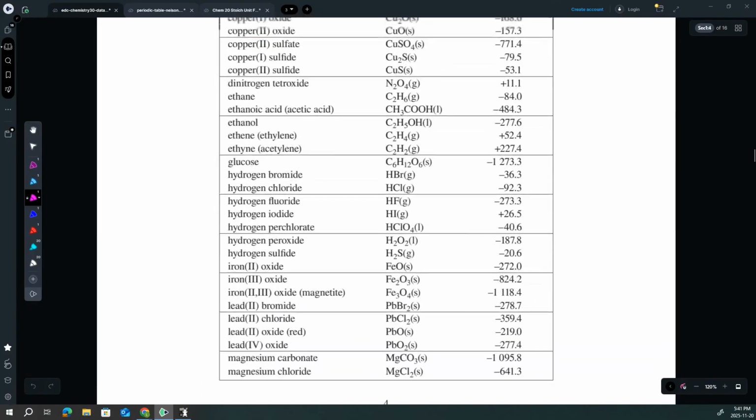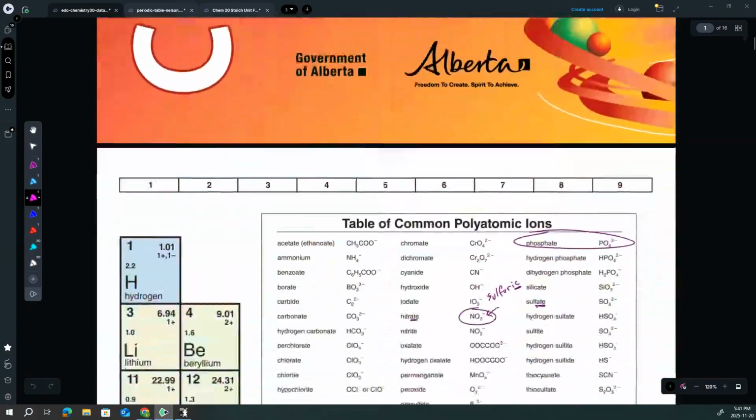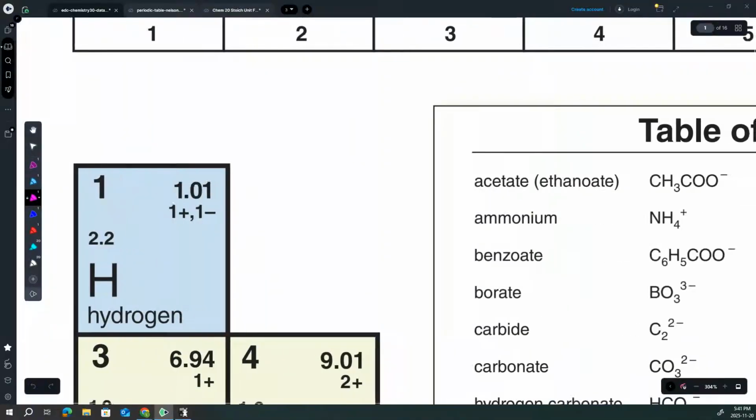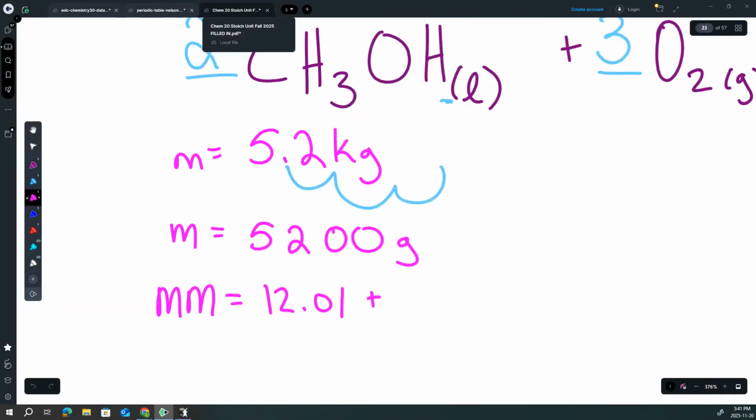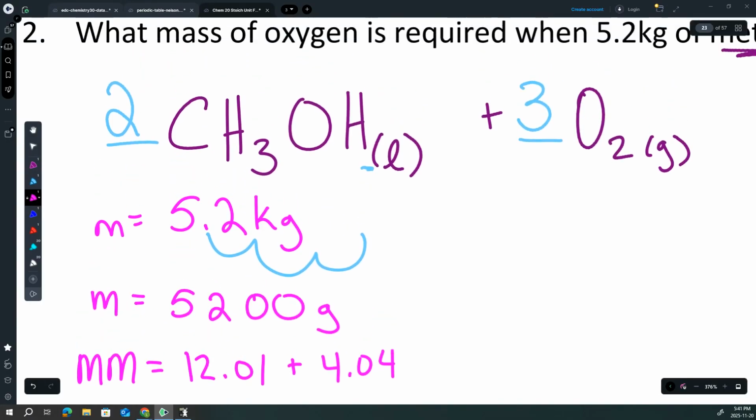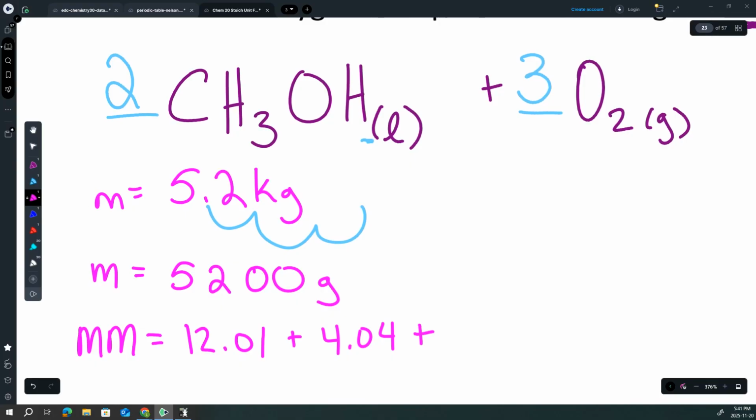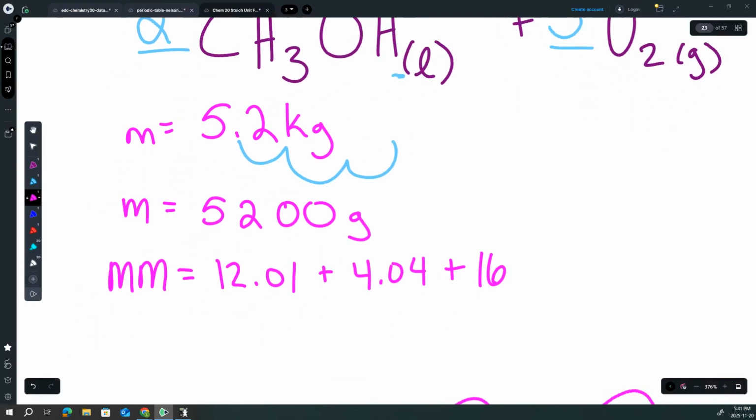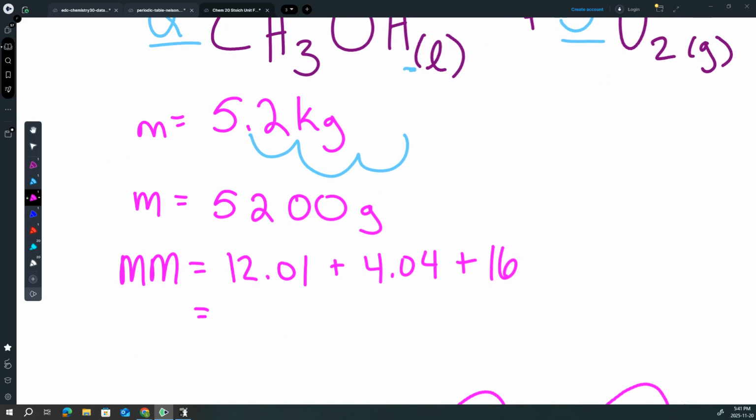Since hydrogen has a molar mass of 1.01, and there's 4 of them, 4 times 1.01 is just 4.04. 4 hydrogens because there's 3 here and then there's 1 more right here. And then oxygen, there's just 1 of them, and oxygen has a molar mass of 16. So if we added all of that up, we're going to get 32.05 grams per mole.